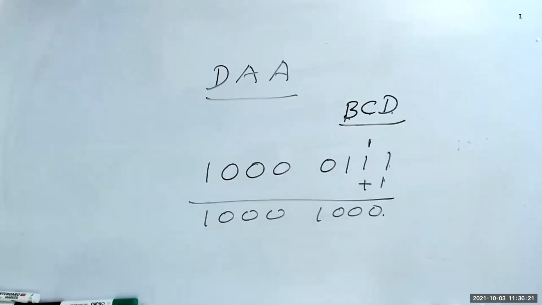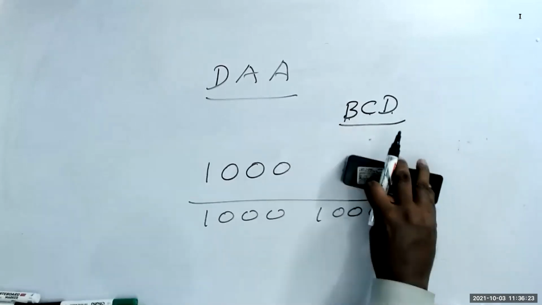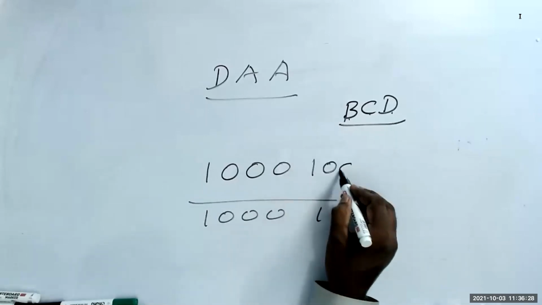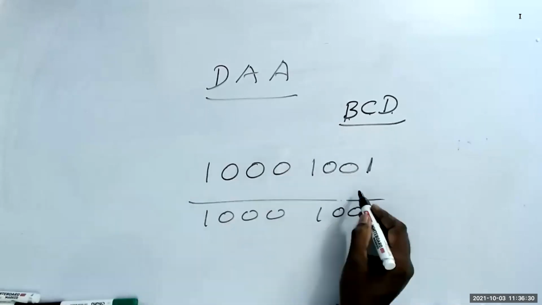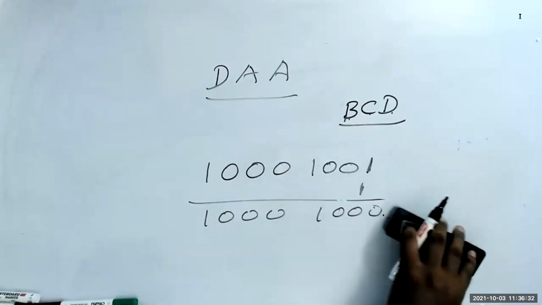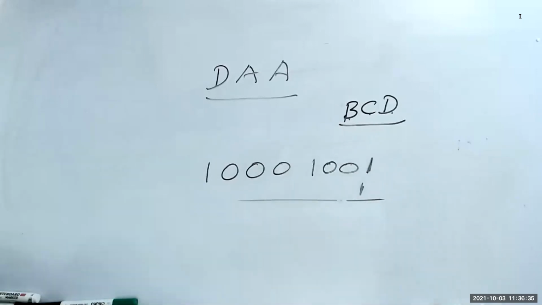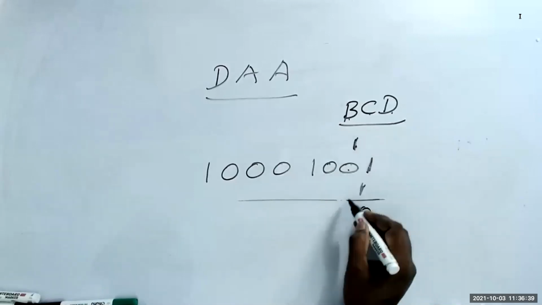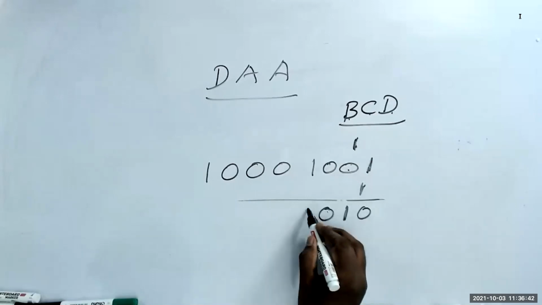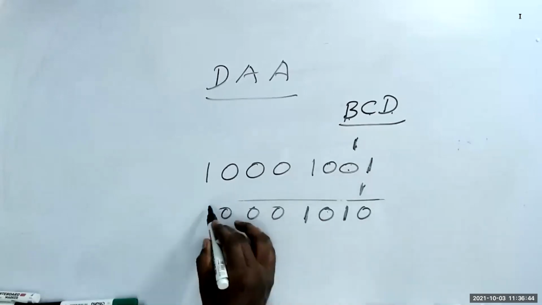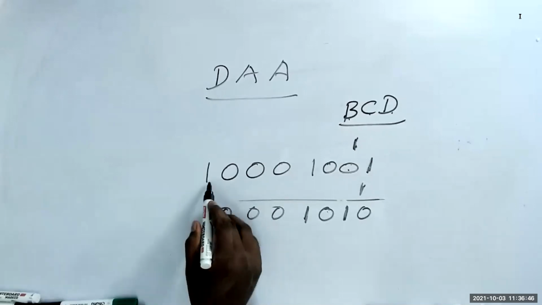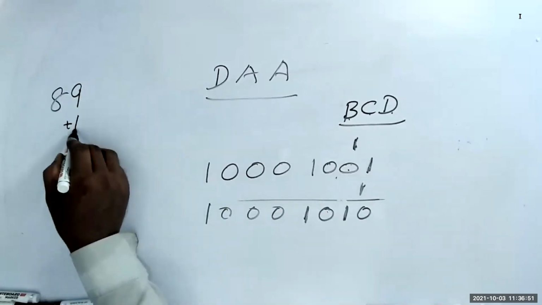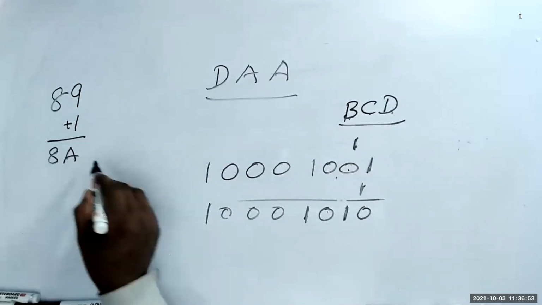Now think, if I have 1001 and I add 1 to it, what will be the result? Quite simple. 1 plus 1 is 0, and so on, and the result is 1010. Am I right? So 89 plus 1 is equal to 8A in binary.